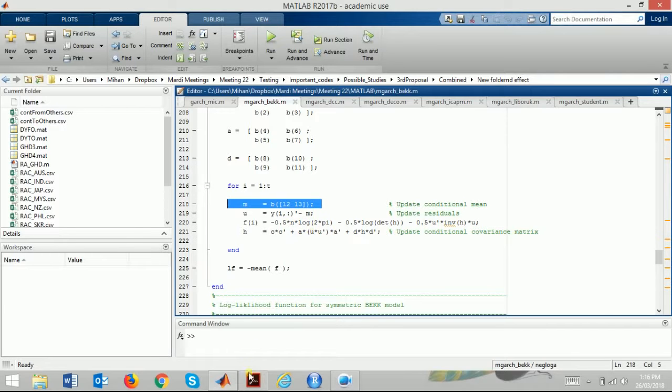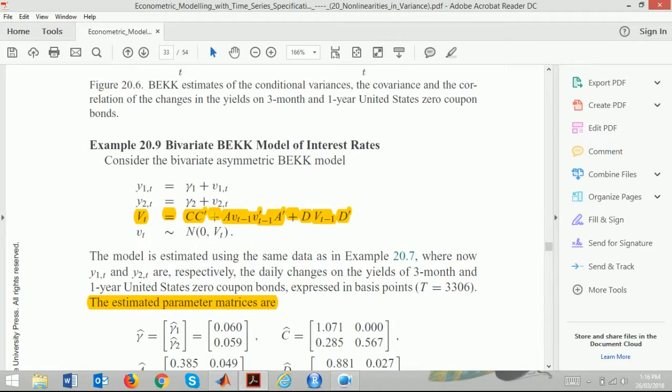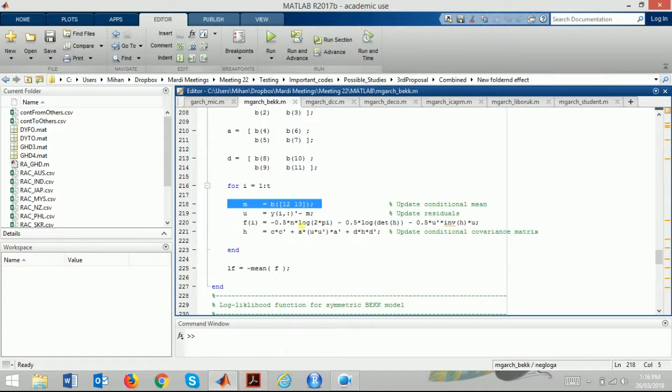Okay, u equals y minus mu, residual, obviously equal to y minus the conditional mean parameters, gamma 1 and gamma 2, and we are taking the transpose of y. Okay, so we are going to update the residual. Why are we taking the transpose of y?